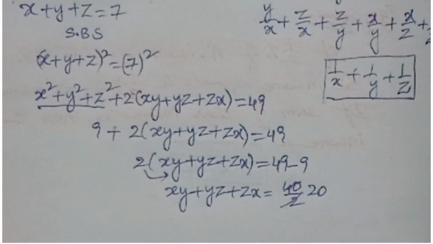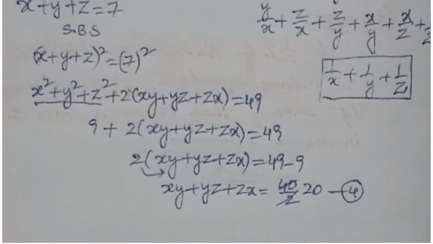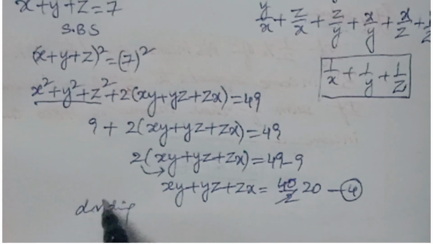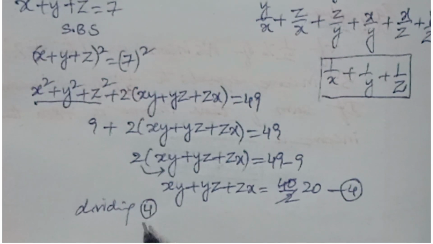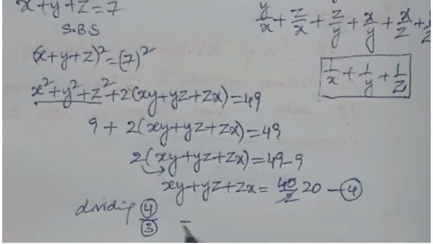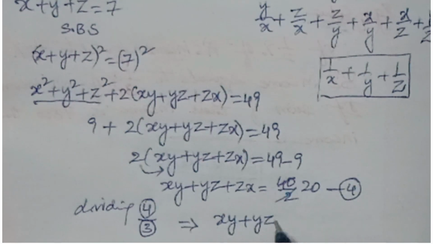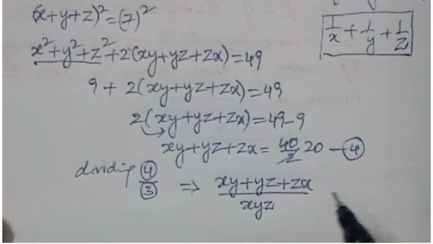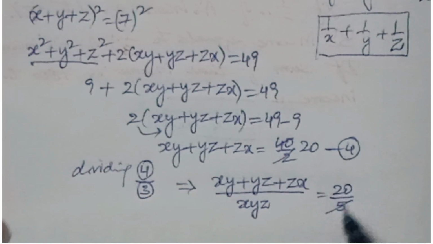Now let it be equation 4. Three equations are given, and this is the fourth. Now dividing 4 by 3, xy plus yz plus zx divided by xyz is 20 by 5, so you are getting 4.